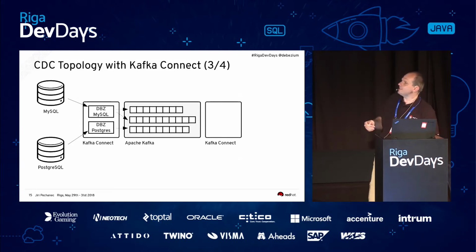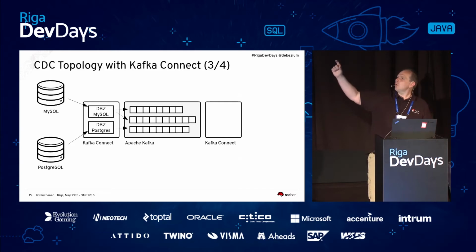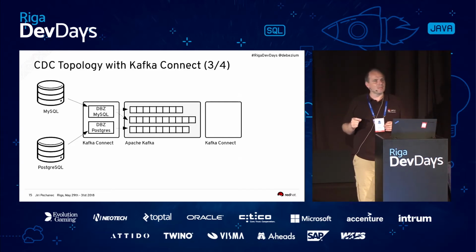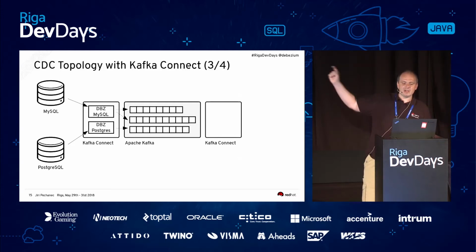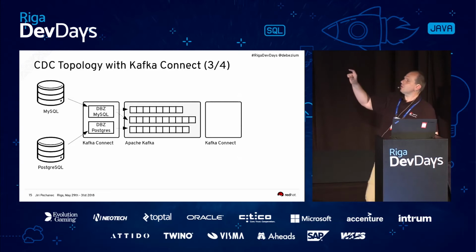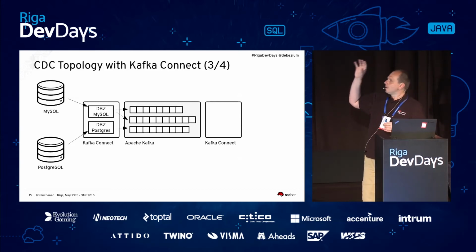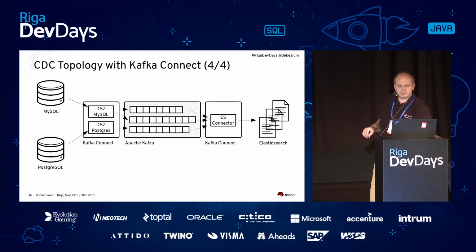Now we see, and that's why I'm here, two Debezium connectors, one that is able to read MySQL changes, and the other one that is able to read PostgreSQL changes. Those connectors process database logs, convert the messages, and store them in Kafka.